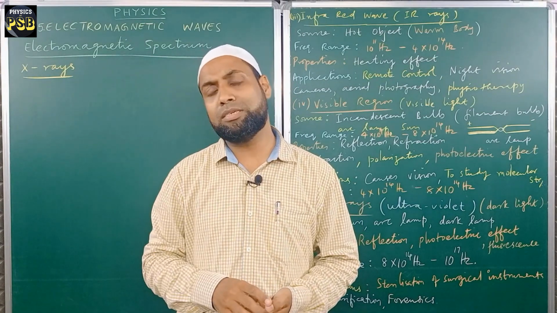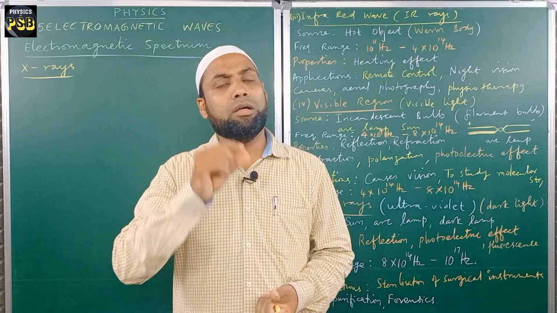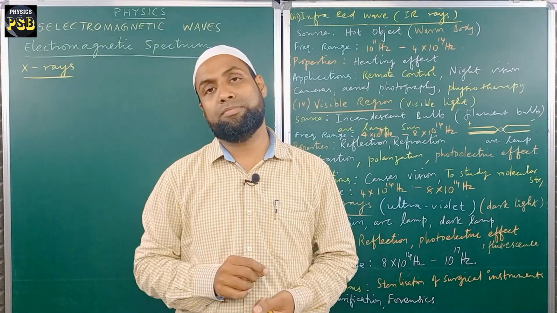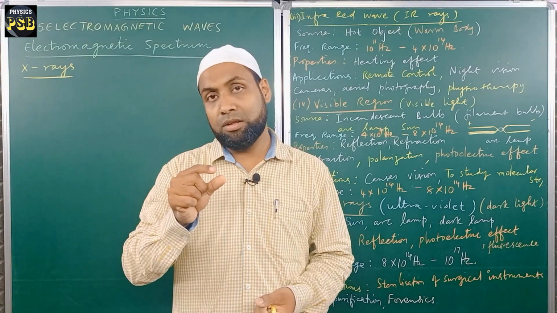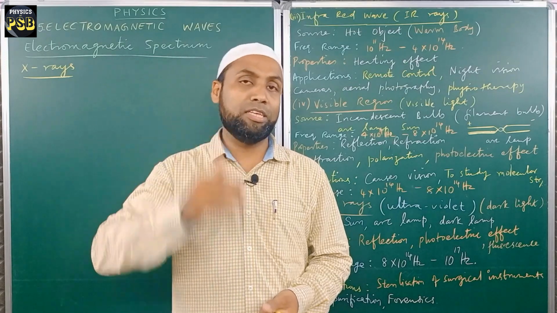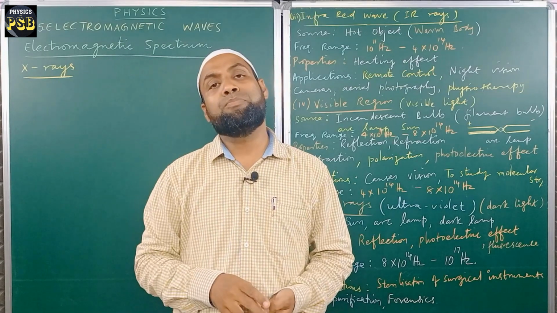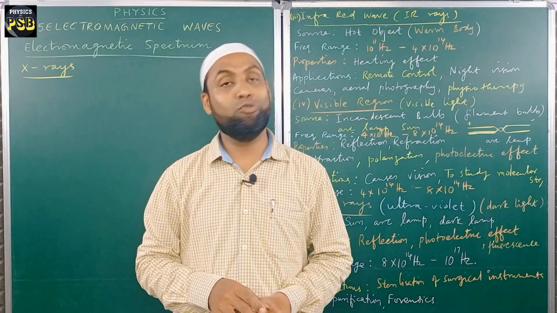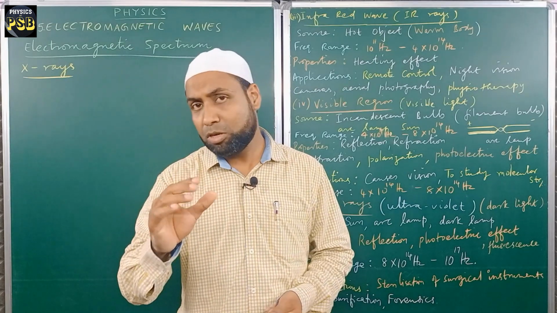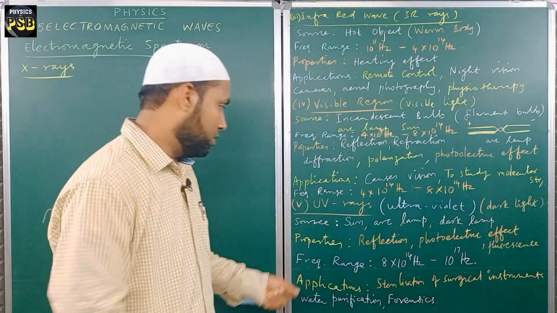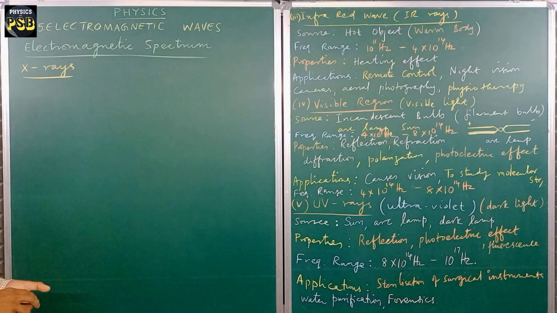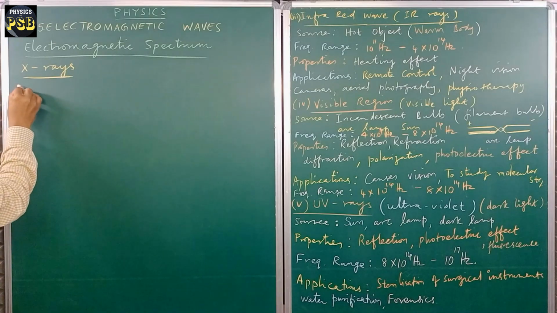Here 400 represents 400 nanometer, the wavelength of the UV rays which it stops. It can stop UV rays up to 400 nanometer, and the UV 100 can stop only up to 100 nanometer UV radiation. Okay, that's all about it. Now let's go ahead. Let me note what the sources of X-rays are. In lower classes, you might have studied about X-rays.